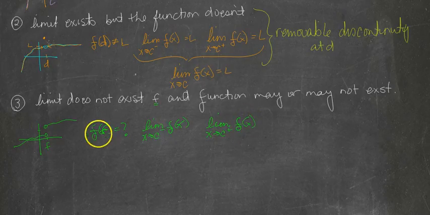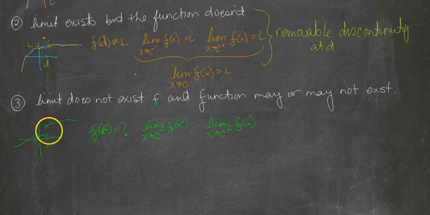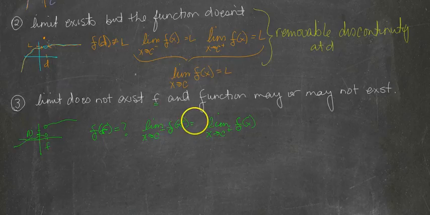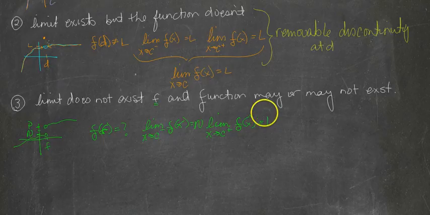Okay, so in this case I have no function existing, right? But I have the left-hand limit equaling, let's call this n, and I have the right-hand limit equaling p, say. Okay, so the right-hand limit points to p, the left-hand limit points to n.